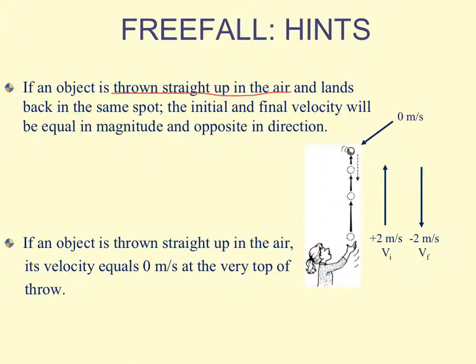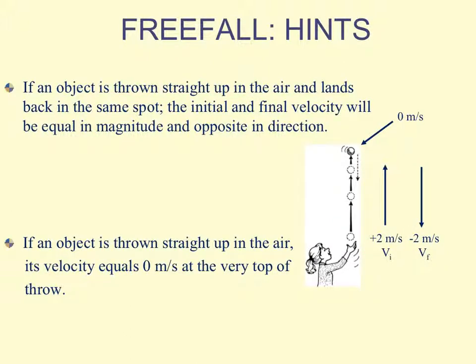So if you look over here, if this girl throws up the ball initially at 2 meters per second, and we'll say that's positive 2 because it's going up, then if the ball comes right back down to her hands, right before it touches her hands, it would be at a negative 2 meters per second for final velocity. So same magnitude, as we said over here, equal in magnitude, just opposite in direction. So that is one of those hints or assumptions that we'll often need to make in order to help solve a problem.